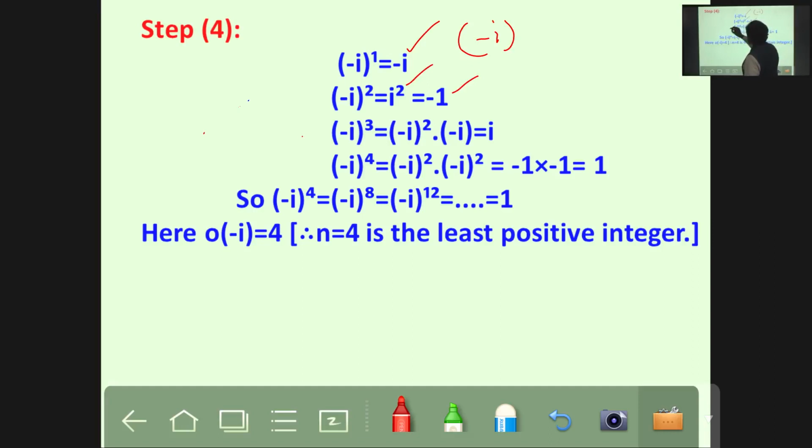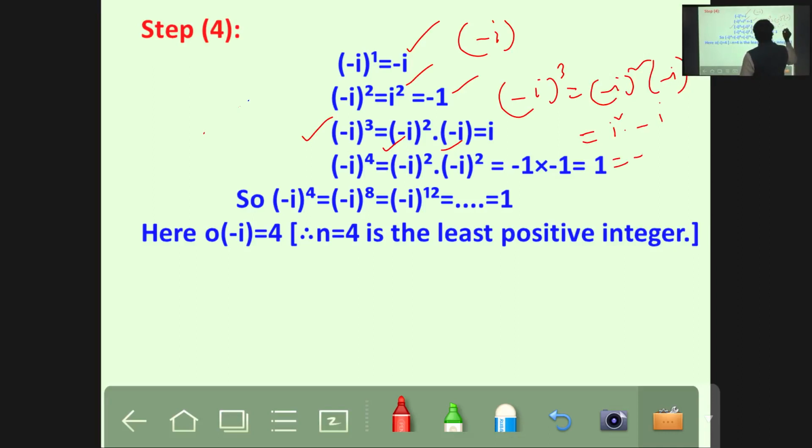Minus i whole cube is minus i square into minus i, so this is i square into minus i. So minus 1 into minus i, that is i.